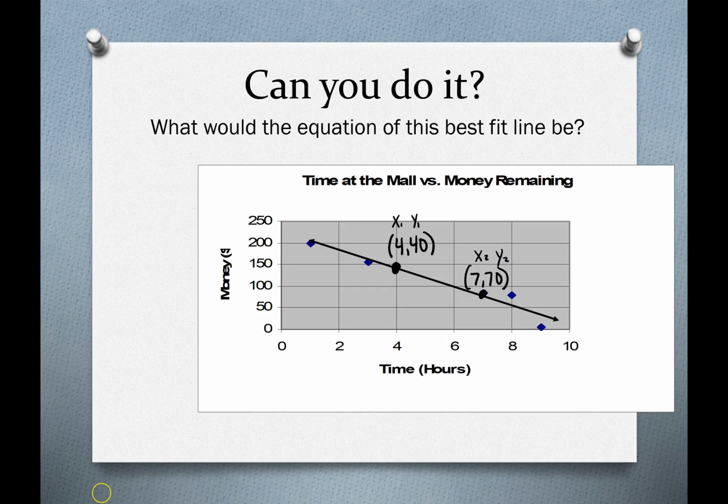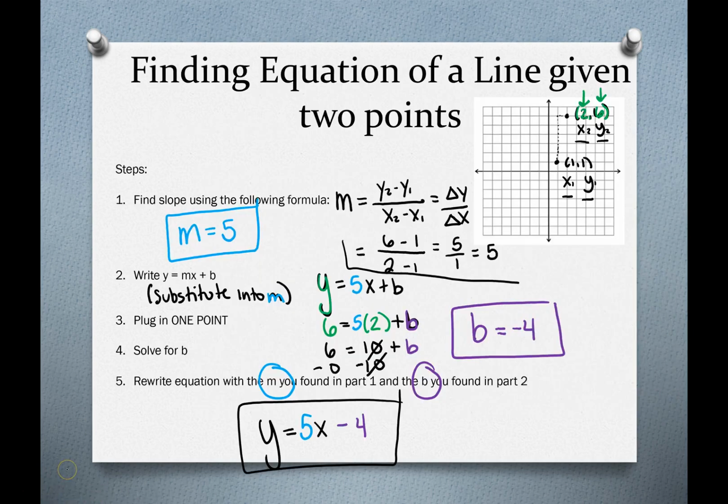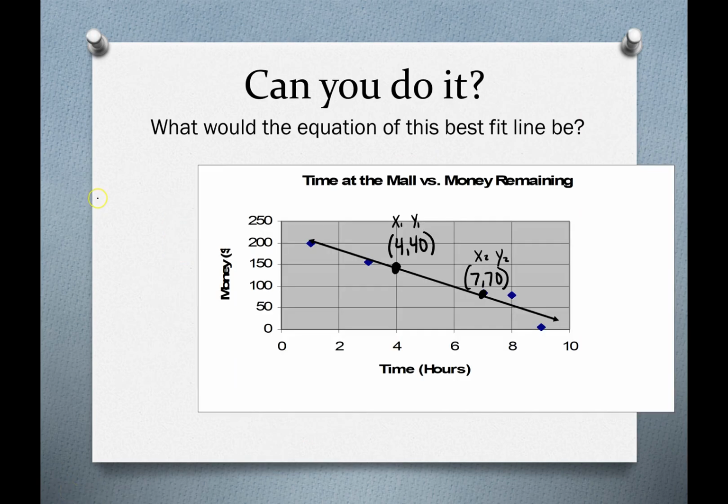All right, our first step is going to be to find the slope. So remember, we're going to use this formula right here. That's going to be subtracting the y's and subtracting the x's. So my slope equals, I'm just going to write the formula down for you. Oops, that's wrong.